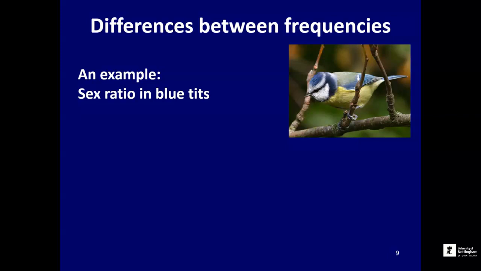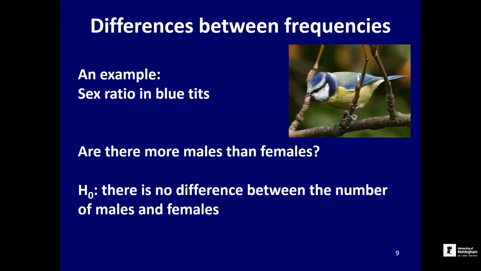But initially, let's just imagine we're interested in sex ratio in blue tits, because it gives us a really simple example of why we might want to compare frequencies. So we might just simply want to know whether we have an even sex ratio, 50% males and females, or whether there's some kind of sex bias. And it turns out in the natural world that some populations do show a male or a female sex ratio bias for lots of different reasons.